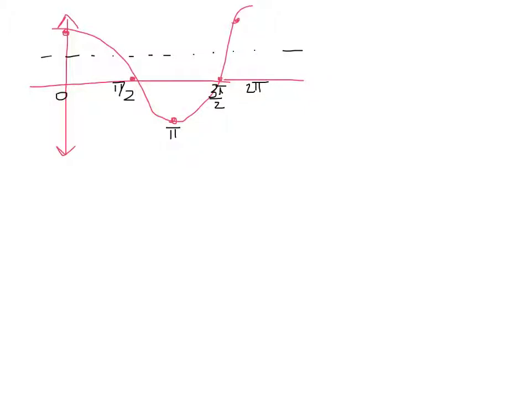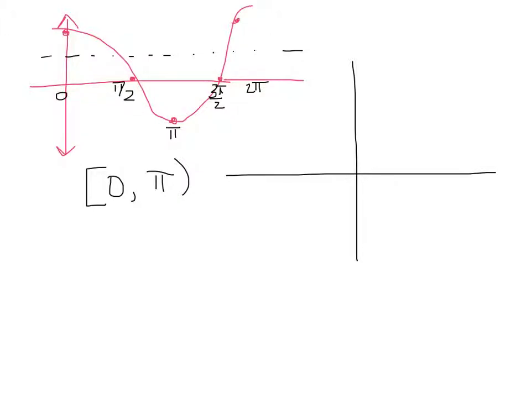So that means that the only place where cosine is restricted is between 0 and pi. So this would represent, on our unit circle, this top half, which is quadrants 1 and 2.